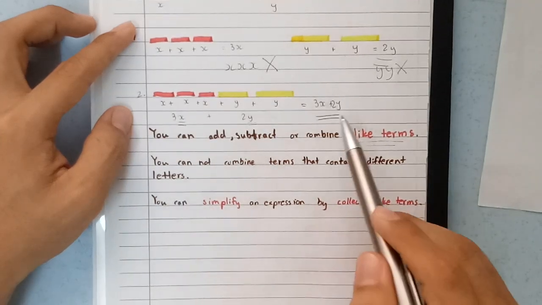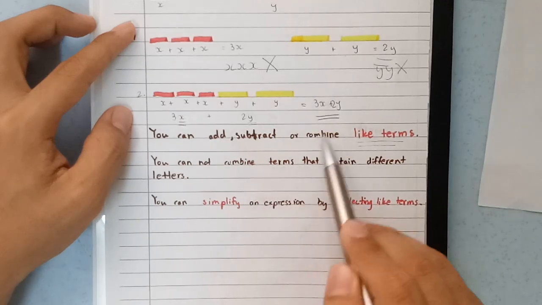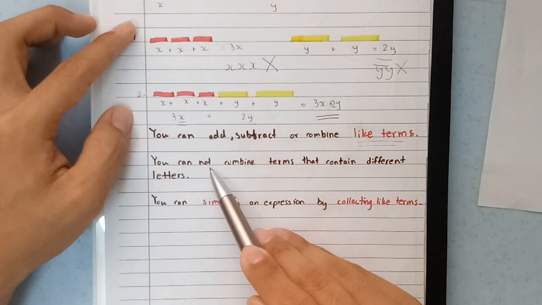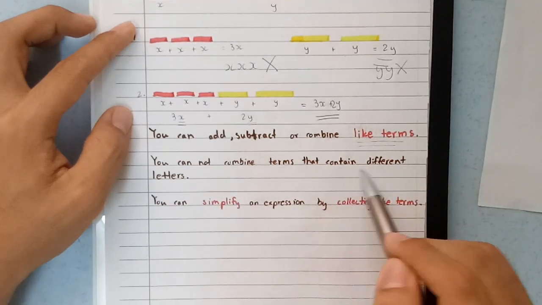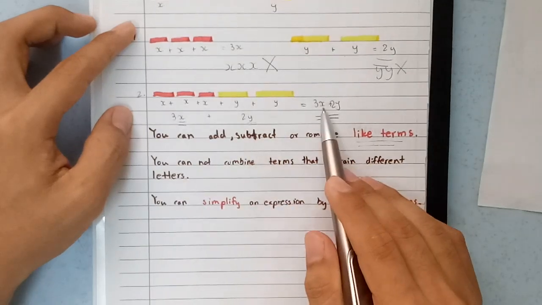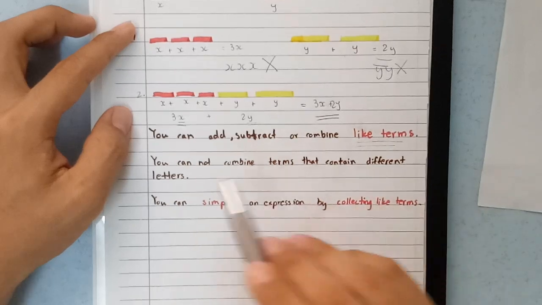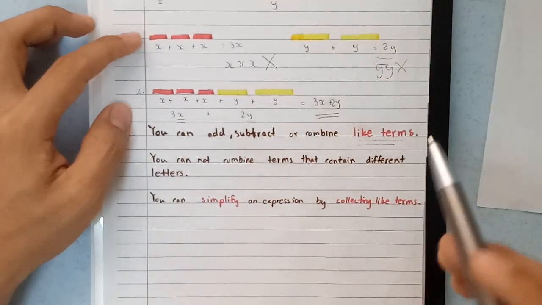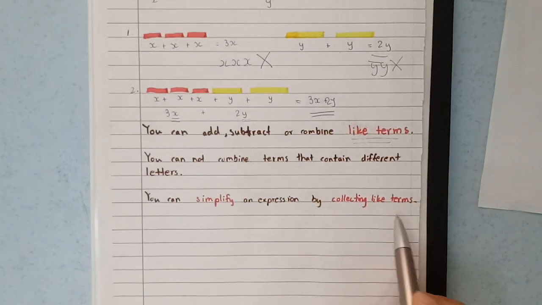Here you cannot combine these two because they are not like terms. I have X here and Y here, so they are different letters, which means I cannot combine them. The third one: you can simplify an expression by collecting like terms.